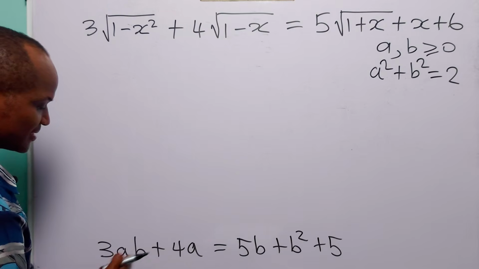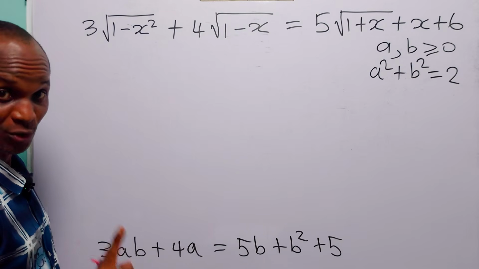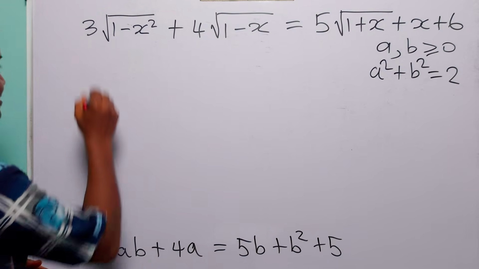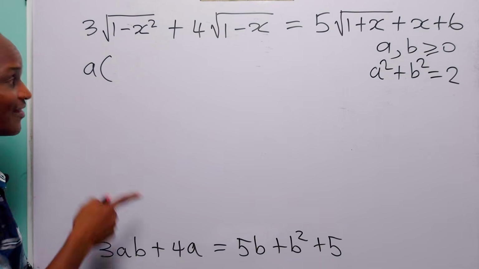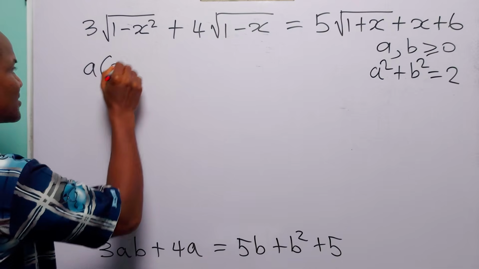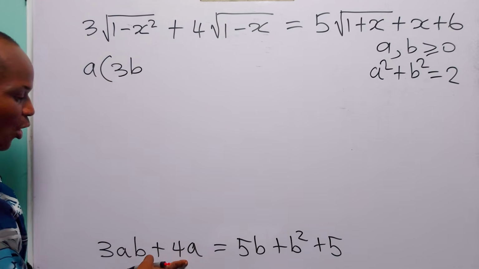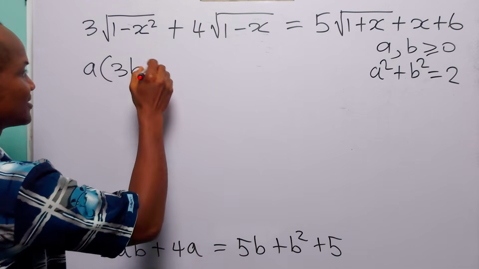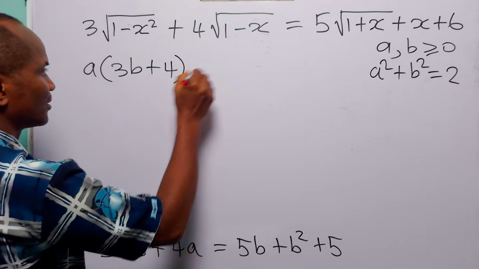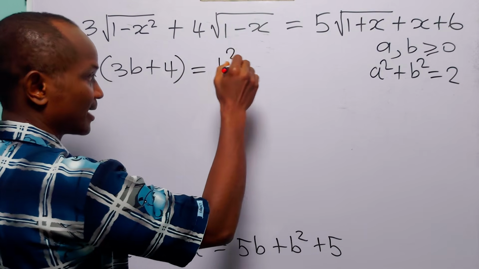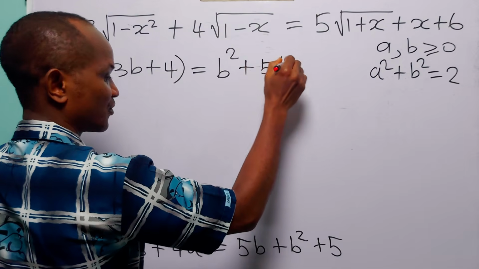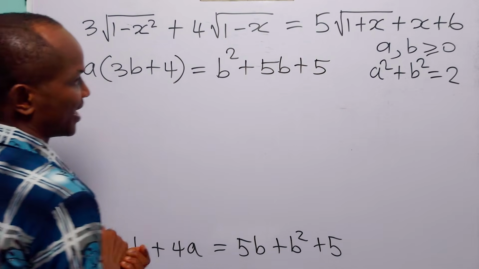Now, when you look at these two terms, you'll see a common factor, which is a. So we can write this as a times 3ab divided by a is going to give us 3b. And 4a divided by a is going to give us 4. This is equal to b squared plus 5b plus 5.